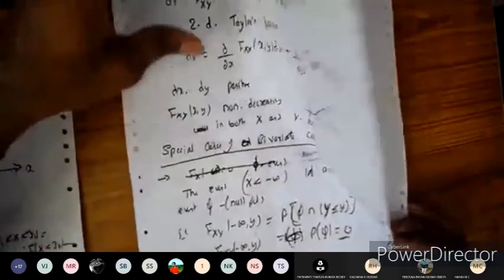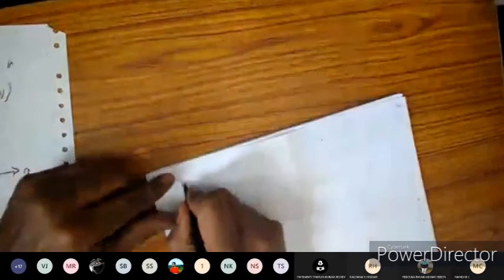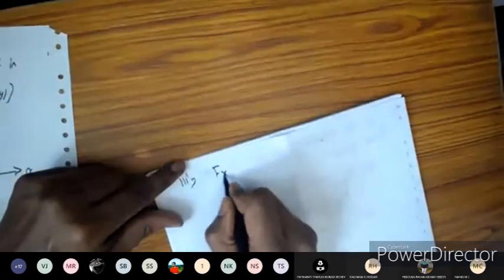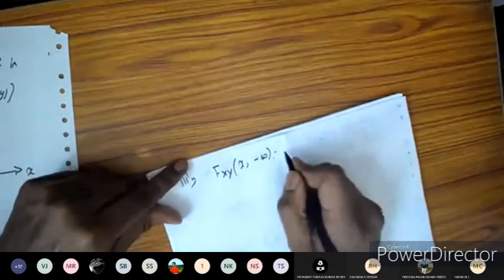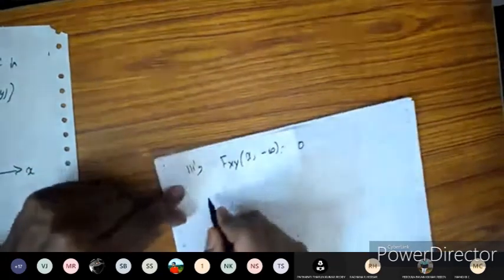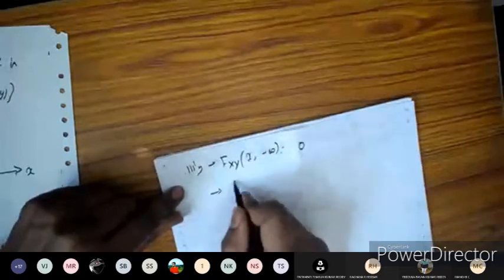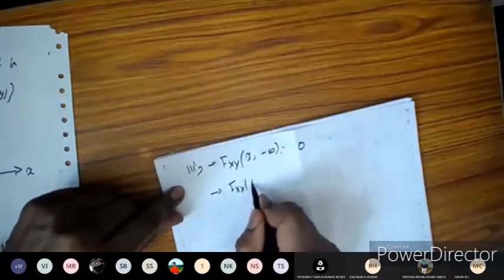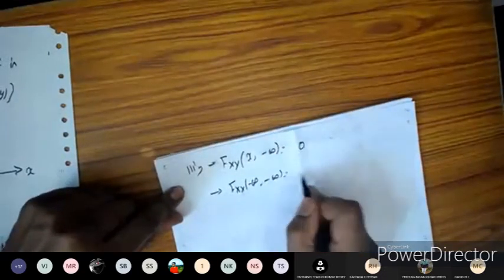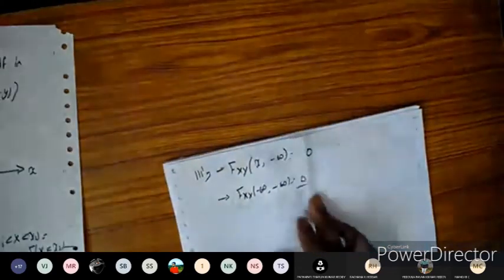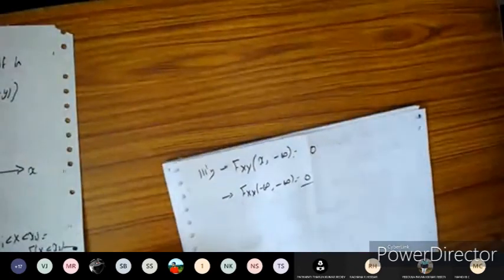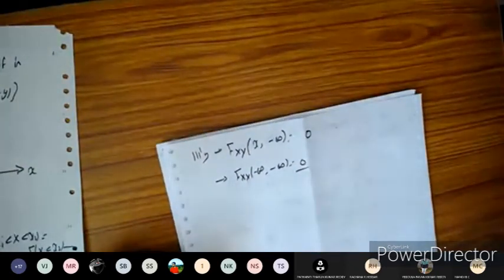So F_XY of x comma minus infinity, for y equal to minus infinity, is also 0, and we can extend it for both random variables: F_XY of minus infinity comma minus infinity is equal to 0. So this property of the CDF has been extended to the bivariate CDF also.